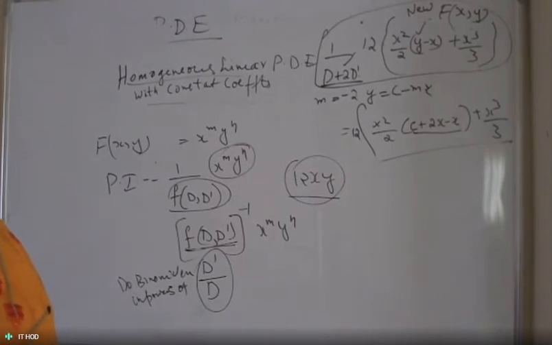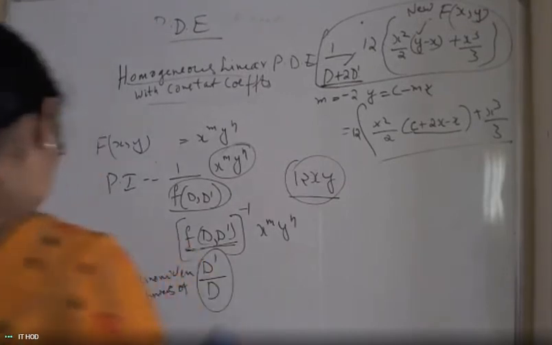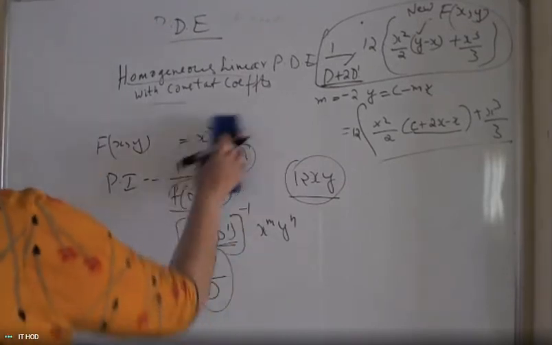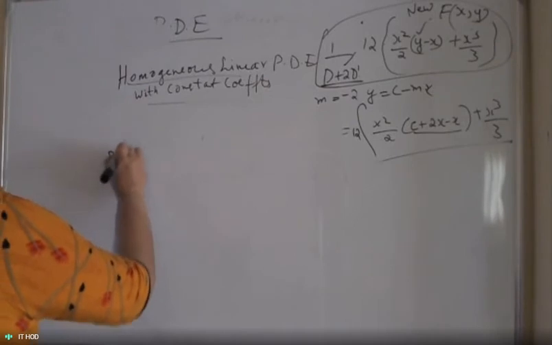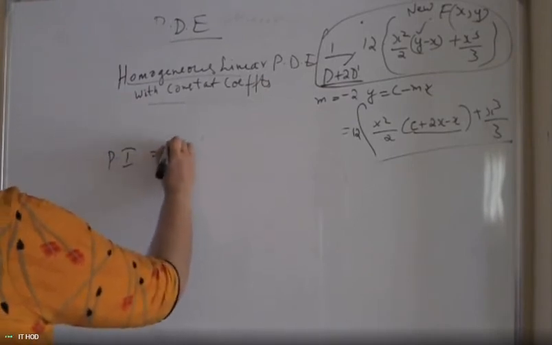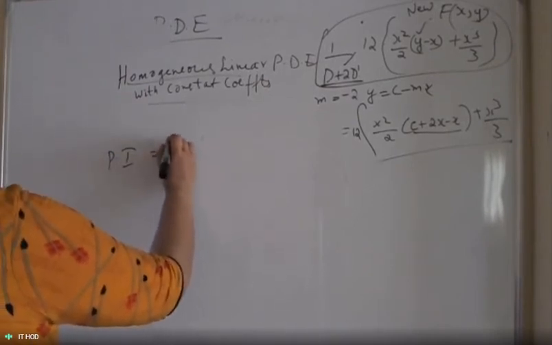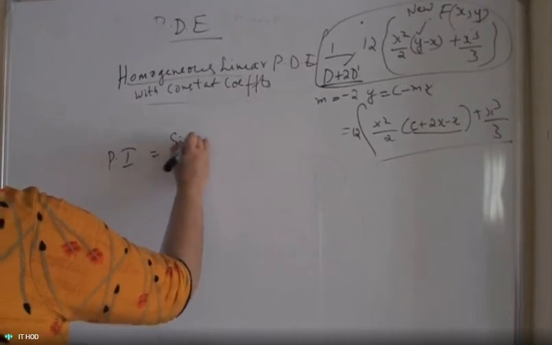That is sin x plus 2y. Let me do that. If you are getting a problem like this, P.I. is equal to 1 by, just as an example, 2D square minus D dash, sin x plus 2y.